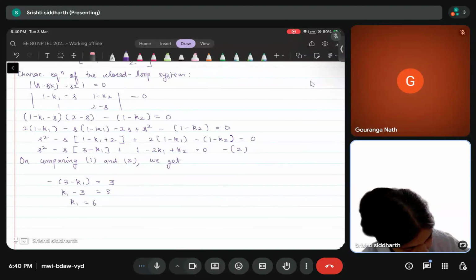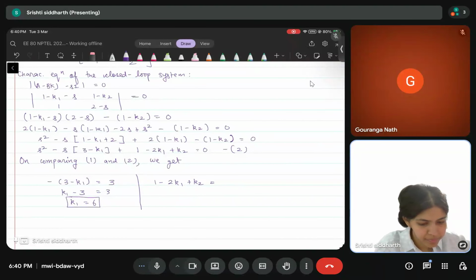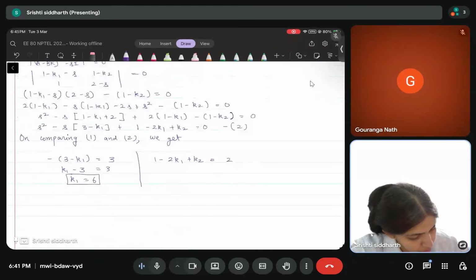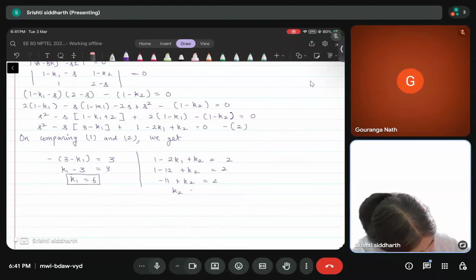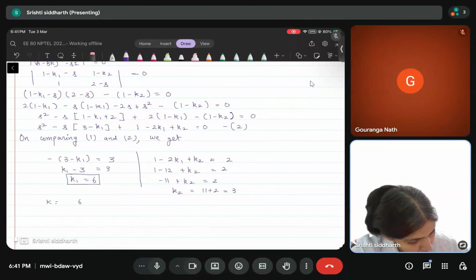K1 equals 6. And the other equation is 1 minus 2K1 plus K2 equals 2. So let's substitute K1 equals 6. So the gain vector K is 6 and 13.